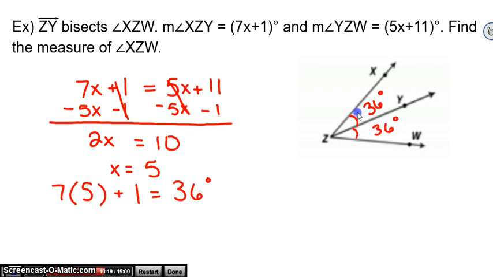The original question wants us to find the measure of XZW. That's the whole thing. So the final step is to use the angle addition postulate and add those two angles together. And so together, the measure of angle XZW is 72 degrees.